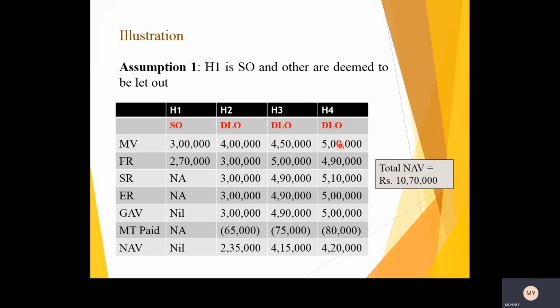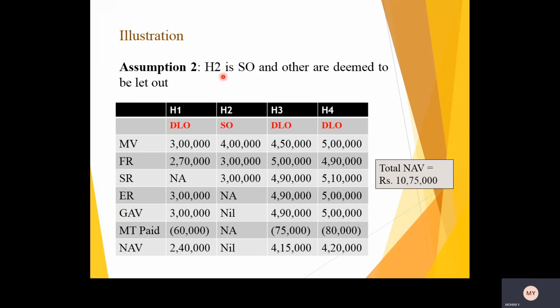Higher is 5 lakh, compared with 5 lakh 10,000, the lower is 5 lakh. So you have calculated expected rent, then gross annual value is your expected rent. You subtract the municipal taxes paid. This is your net annual value. You add them all up. So 10,70,000 is your total NAV when you have chosen house 1 as self-occupied.